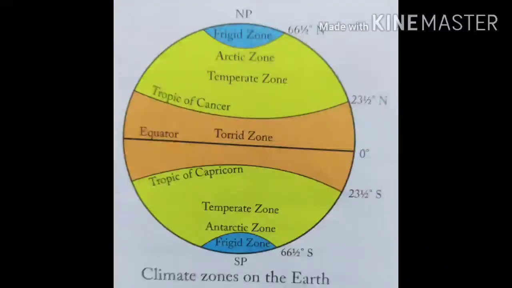Now, just have a look at the diagram. There is the torrid zone, which is lying between the Tropic of Cancer and the Tropic of Capricorn. Then there is the temperate zone. Then there is the Arctic zone and frigid zone in the northern hemisphere, and again temperate zone, Antarctic zone and frigid zone in the southern hemisphere.